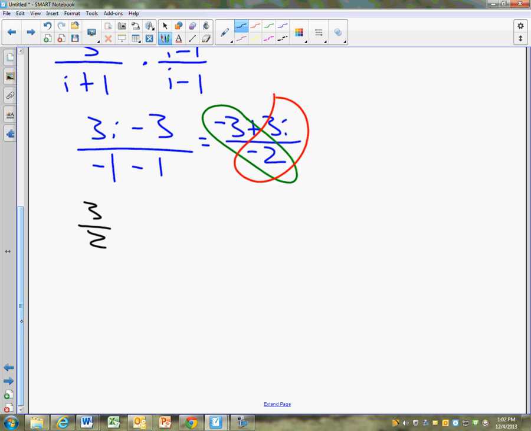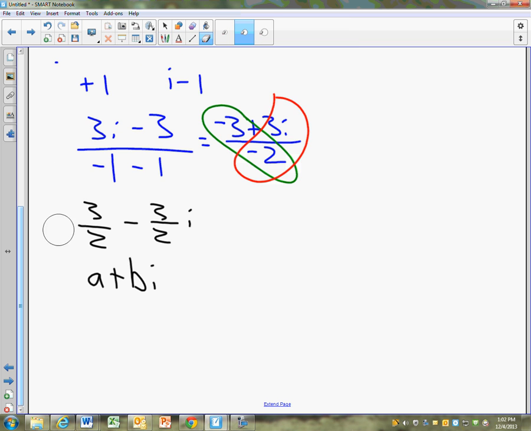And then 3i over negative 2 is going to be minus 3 halves I. Anytime you work with a complex number, you must write it in the form of a plus bi. Has to look like that. So 3 halves is my a, negative 3 halves is my b. Does that answer your question? Very good. Okay, last example.